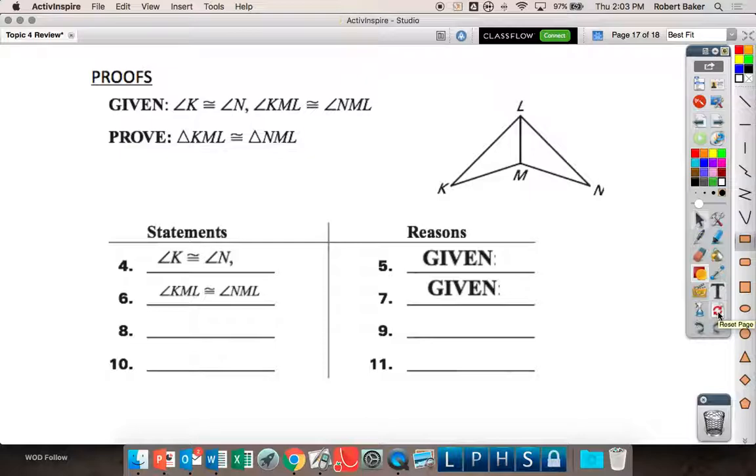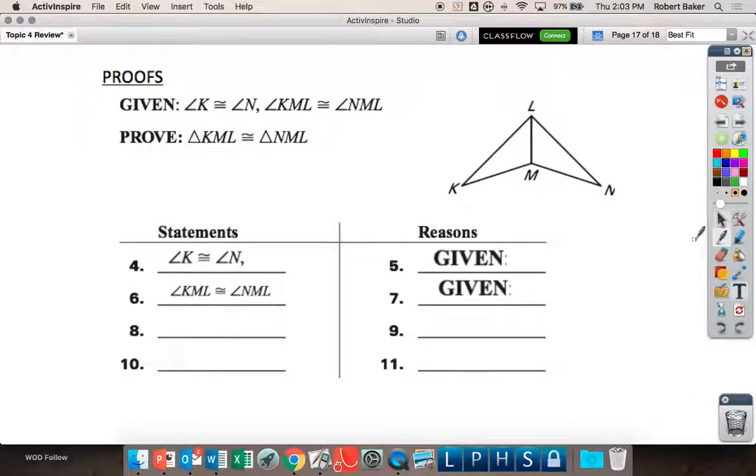Still not very successful. So this year I changed it to this. This is the new version. This is how your test looks now.